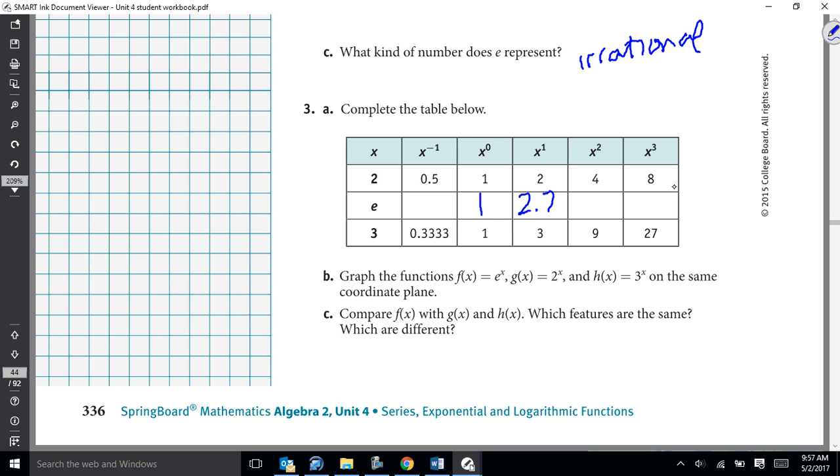Wait, it has negative 1. Oh, we're going to the next one. So e to the negative 1 is 0.36787944. Alright, and then e squared, 7 point something. And then e cubed, that was 20.08.